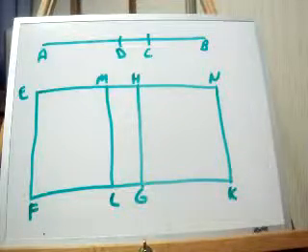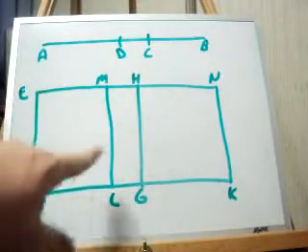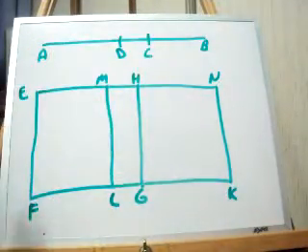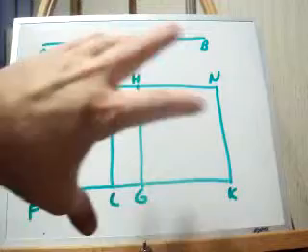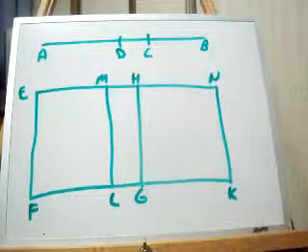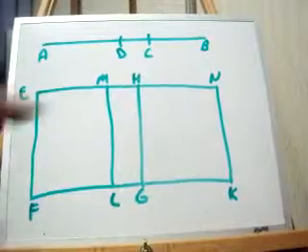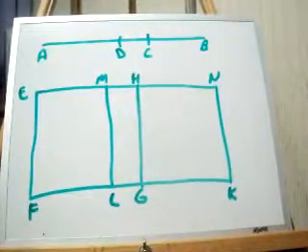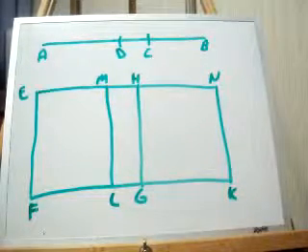Okay, and then we're going to subtract this whole EG area from EFKN. We're going to subtract this area from the giant area. Therefore, the remainder HK, which is this area right here, is equal to twice the rectangle AC, CB.